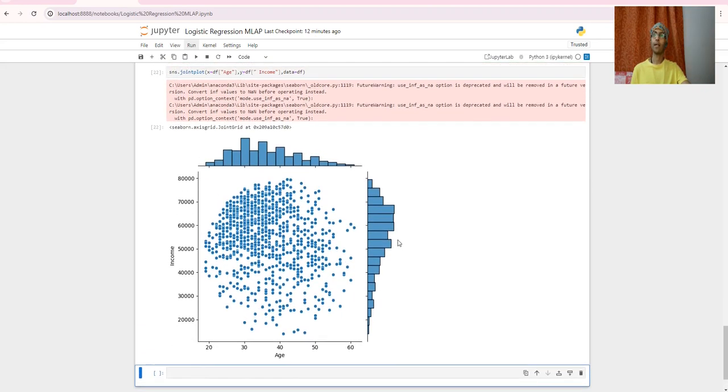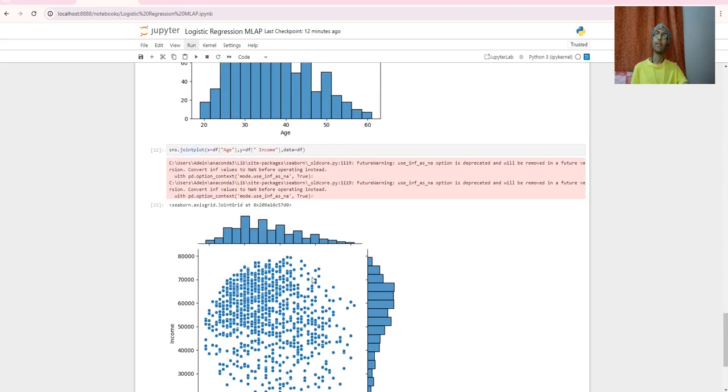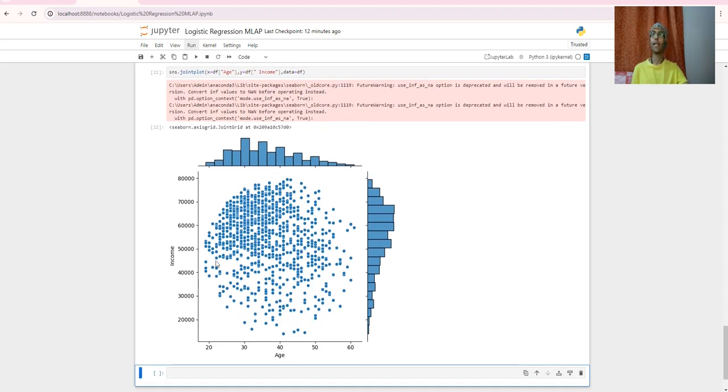So friends, as you can see, this is the way income and age are related. Around 30, you can see the maximum density of income is around 60 to 70,000. And as we move towards higher numbers, the numbers get more scattered, it can be very low also, very high also, really doesn't give a definition. But around 30, it is around 60 to 70,000 in very large numbers. Very less number of people are lower in salaries.